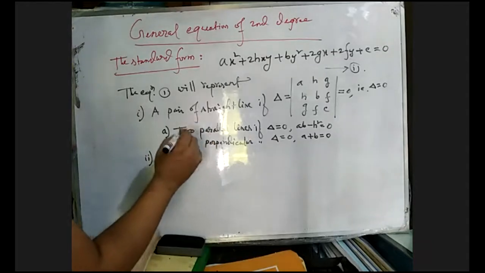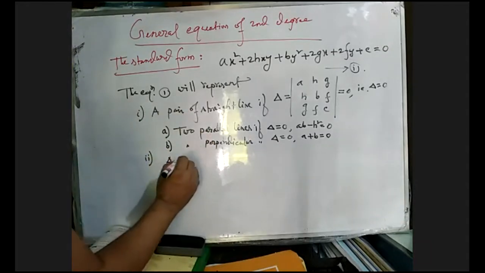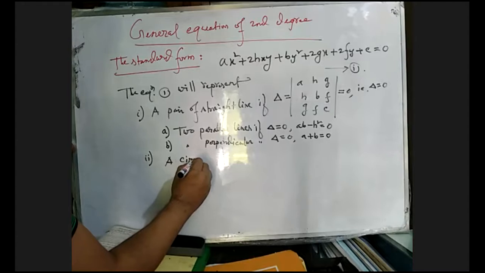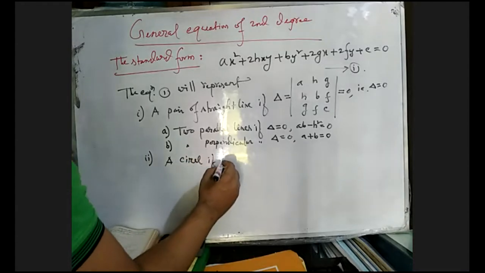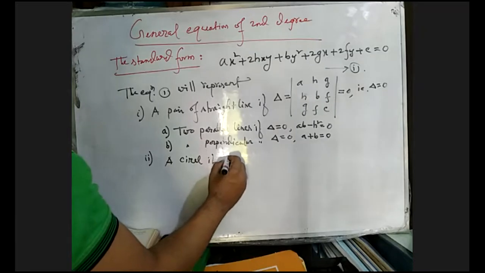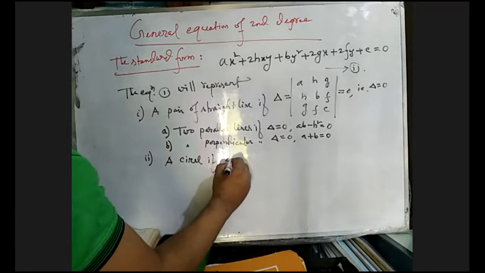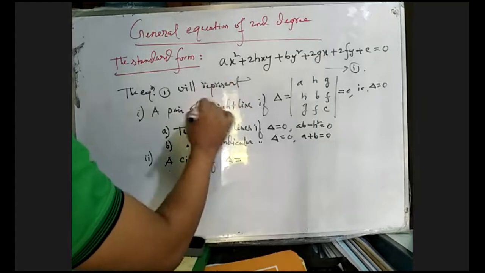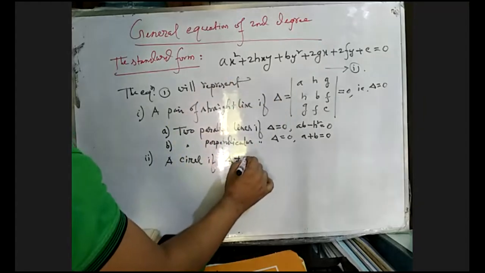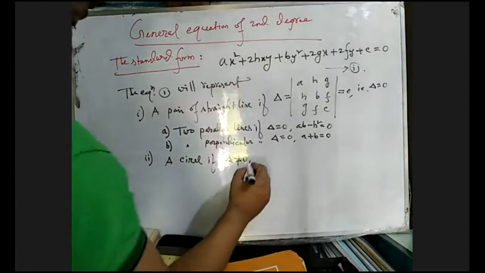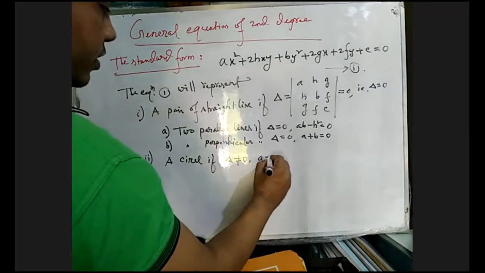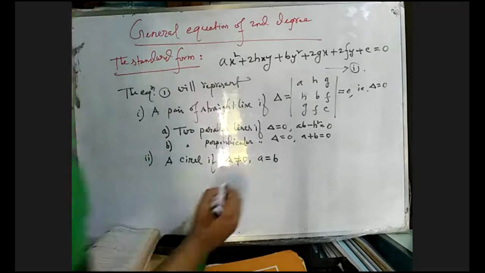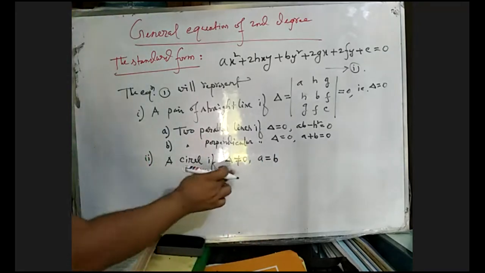It will represent a circle if this determinant is not equal to 0 and the coefficient of x square and the coefficient of y square are equal.